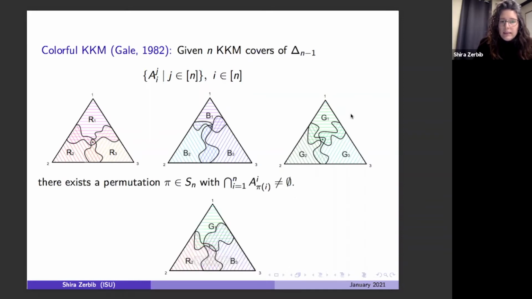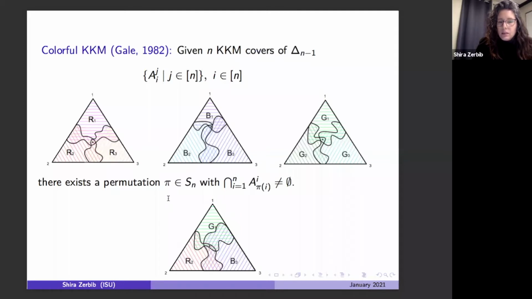Then Gale tells us that we can find a permutation pi in Sn such that picking the pi(i)-th set from the cover Ai, and looking at all these n picked sets, we get a non-empty intersection.